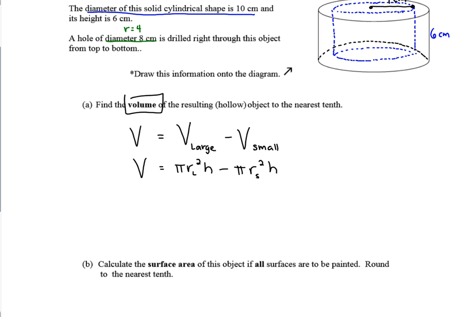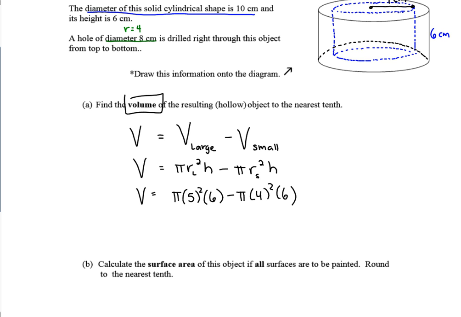Yes. Okay, so we could do this in two separate spots, or all together if you want. Pi, what's the large radius? 5 squared, and the height was 6, minus pi times, what's the small radius? 4 squared times, the height is 6.